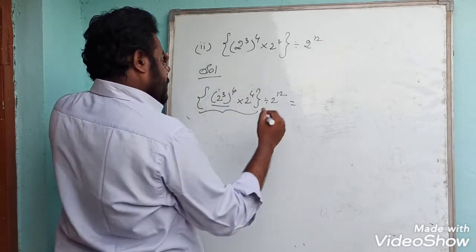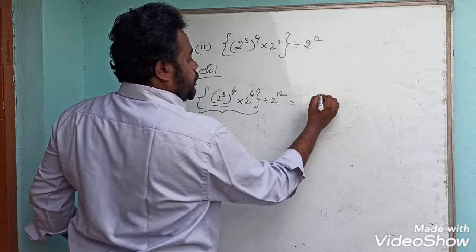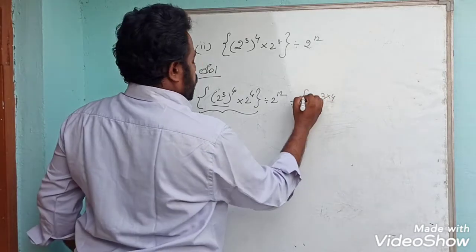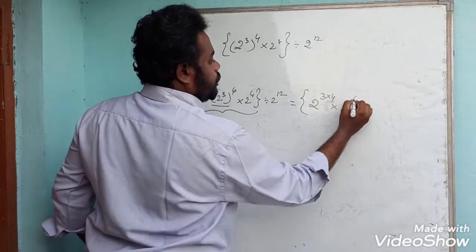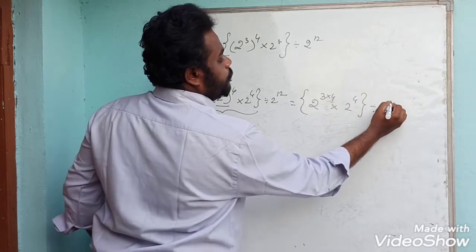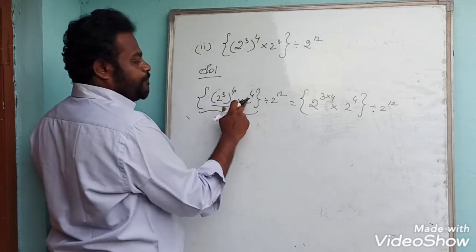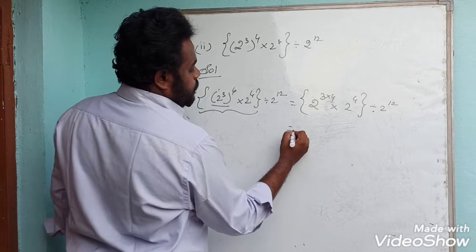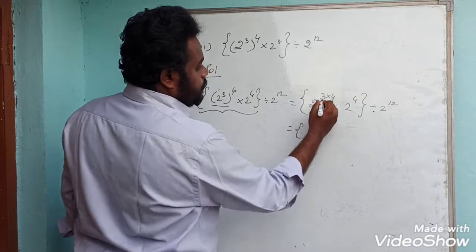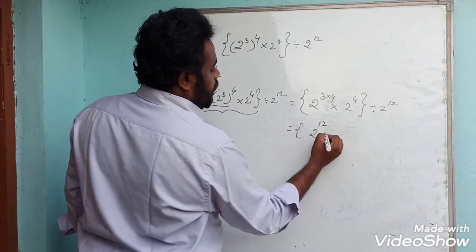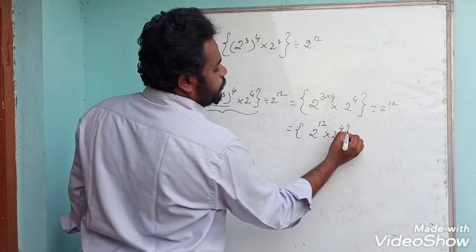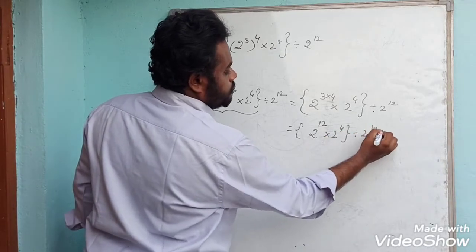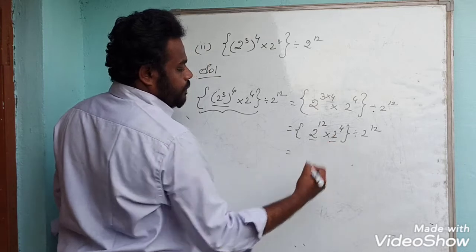So we take it as 2 power 3 into 4, into 2 power 4, divided by 2 power 12. I didn't disturb 2 power 4 and 2 power 12. So it can be written as 2 to the power 12 into 2 power 4. Now the bases are the same.